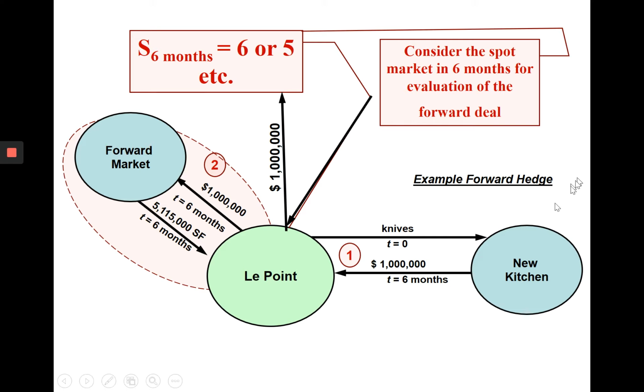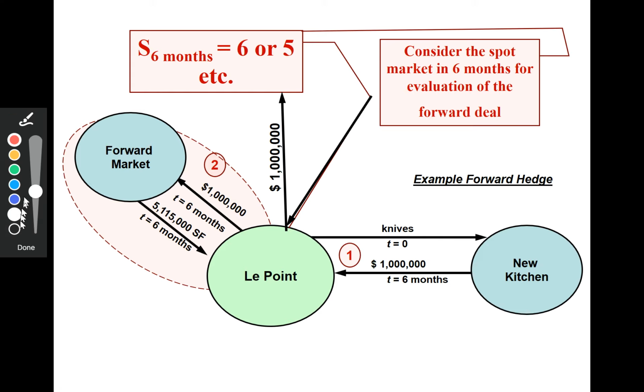Number one is bankruptcy of New Kitchen, the customer here. If the customer goes bankrupt, then you could simply wipe out this money and say 6 months from now, we have to stay in line in bankruptcy court, and maybe we get 10 cents for every dollar, maybe we don't.